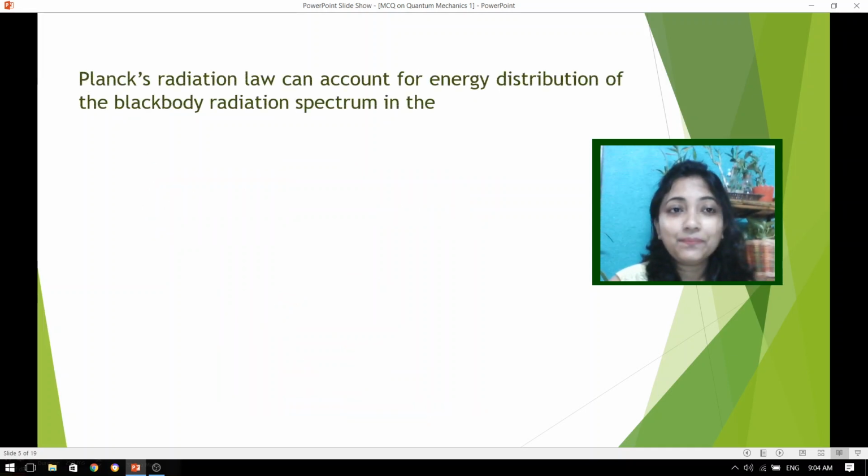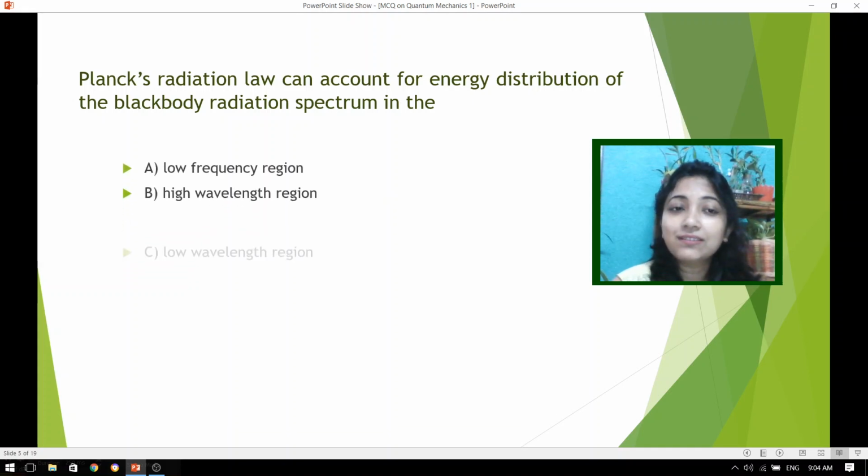Now let's see. Planck's radiation law can account for the energy distribution of the blackbody radiation spectrum in the low frequency region, or high wavelength region, or low wavelength region, or entire wavelength regions.